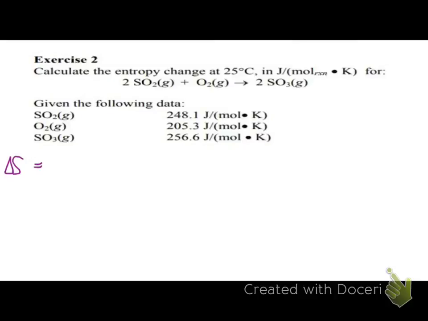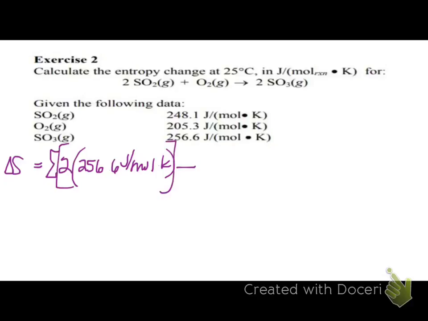We're going to say 2 times, what is SO3? 256.6 joules per mole K. Minus, so that goes all together.